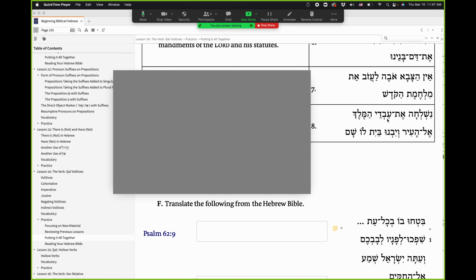And this is where connecting the nouns that share a root with a verb to that verb helps, because I'm going to recognize the root as related to the verb more often than I'm going to recognize it related to the noun. So this root, avad, is the root for serve. There's also a very similar root, avad, with an aleph in R1 instead of an ayin. That's the word for perish. This is not that one. This is the one for serve.